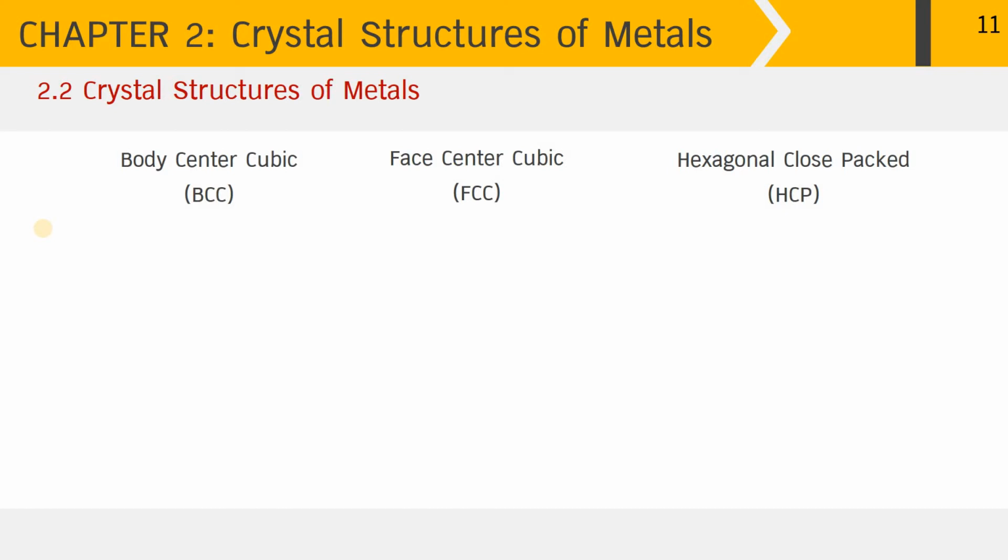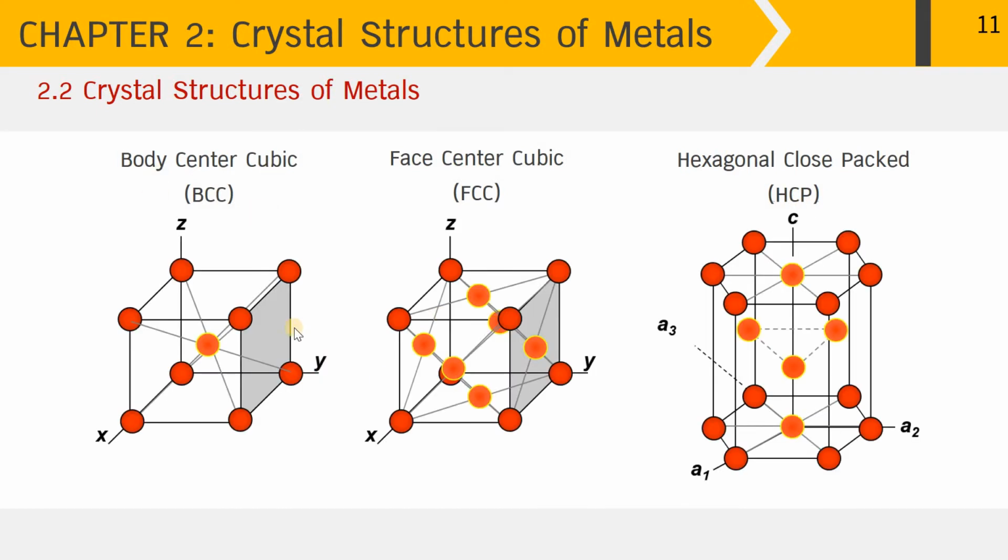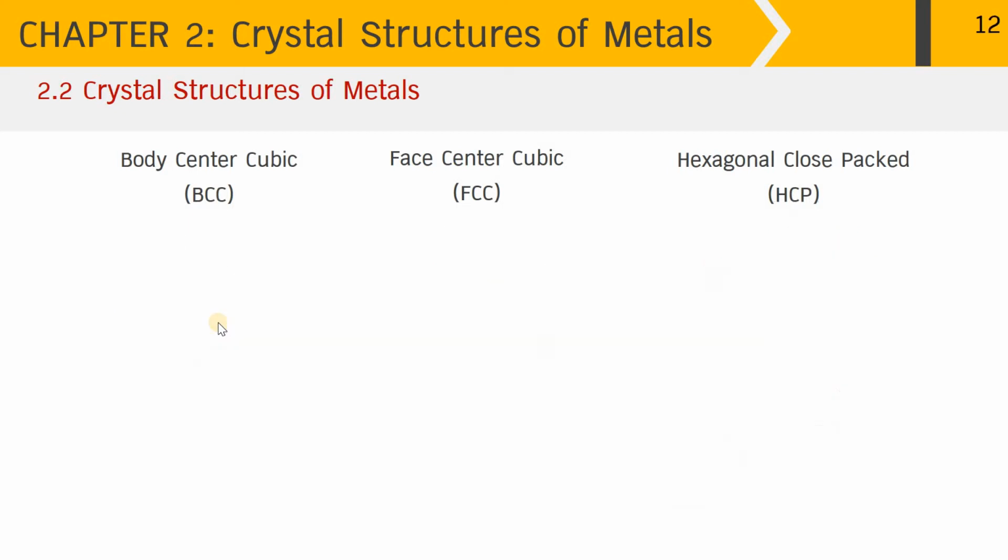But for metals, as we will emphasize in this class, I will give you 3 important crystal structures, namely body-centered cubic or BCC, face-centered cubic or FCC, and hexagonal close-packed or HCP. And the names have their meaning too. So these are the crystal structures of BCC, FCC, and HCP. So let's get into the detail.